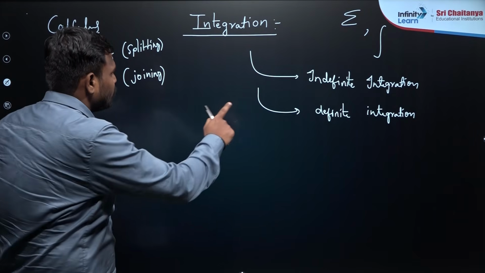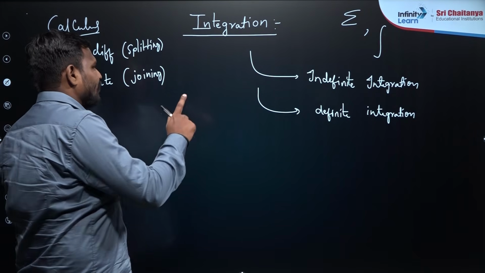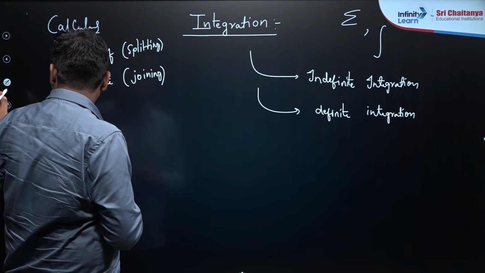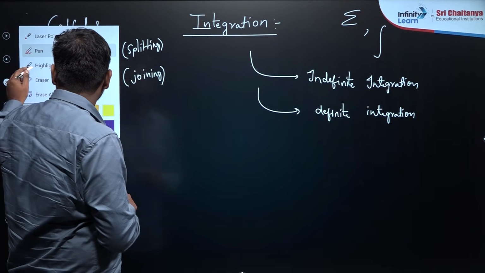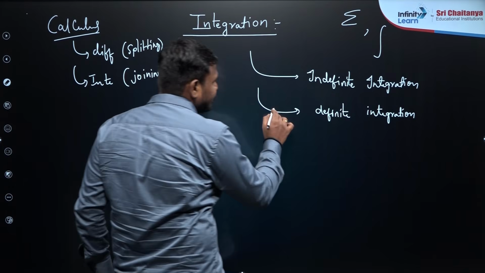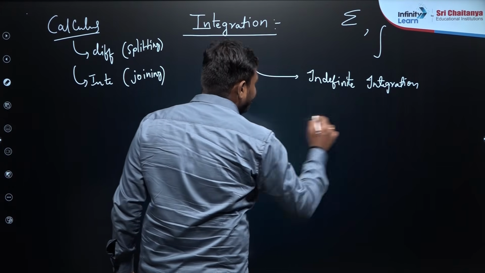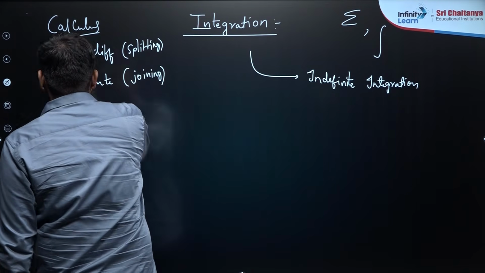Let us go back. Let us come here. So what are the two types of integration we are having? One is indefinite integration and another one is definite integration.